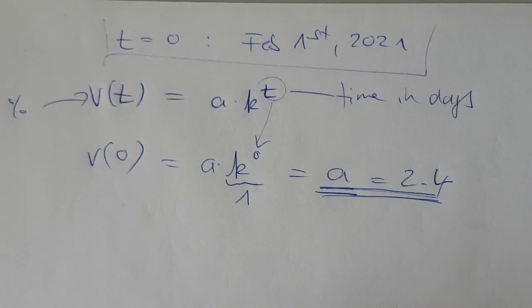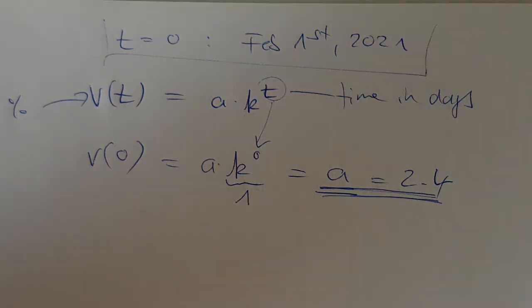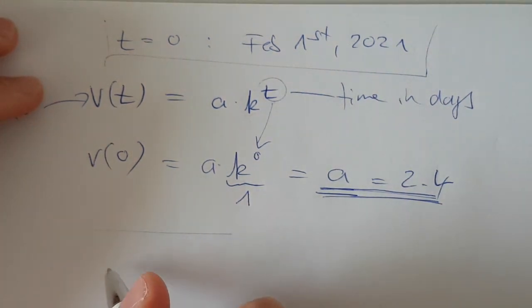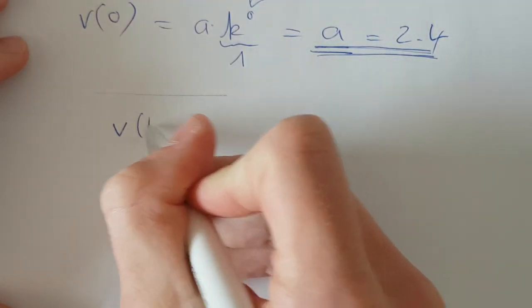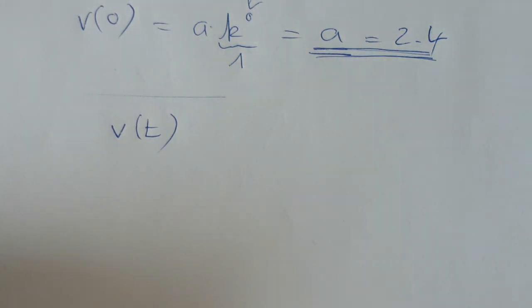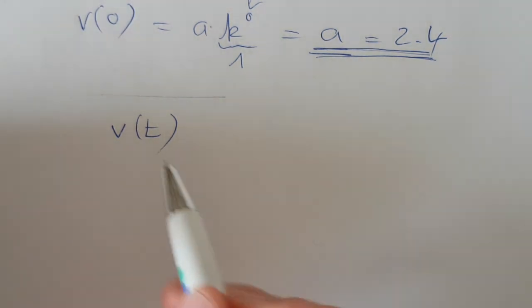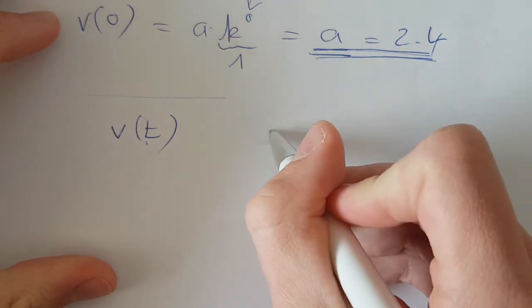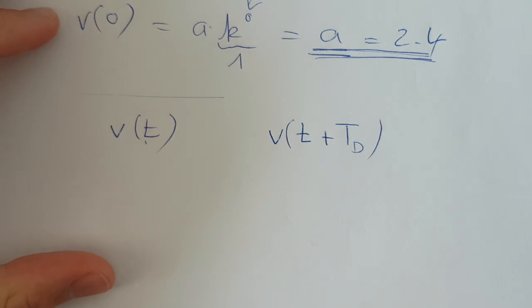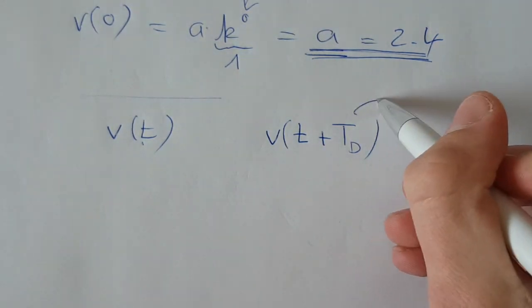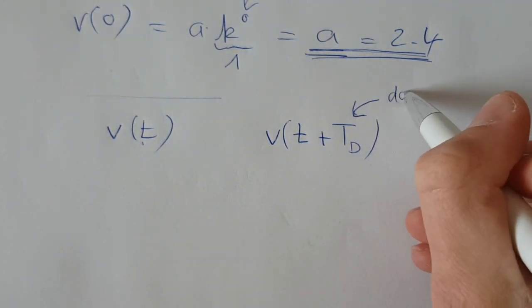Okay, so before we have a look at the statistics and see what the real doubling time is, let's talk in general about how we can find out the doubling time. If we have a look at the number of vaccinated people at the point in time t, so t days after February 1st, and then the number after the doubling time, capital TD, let's just call this the doubling time.